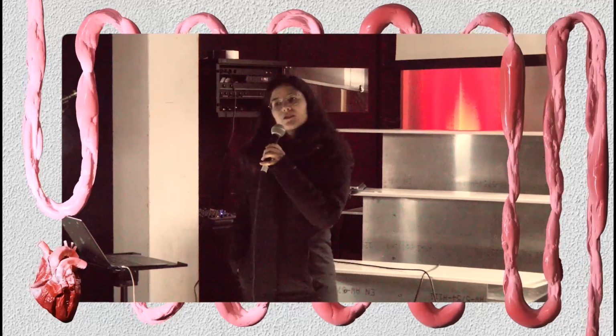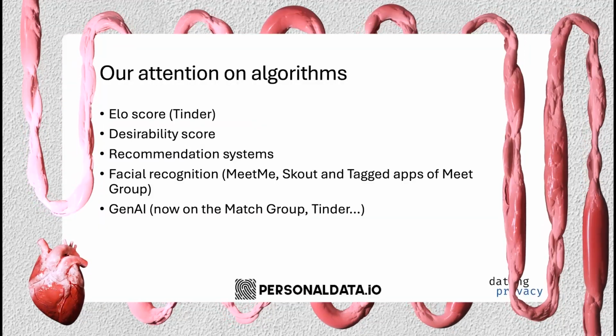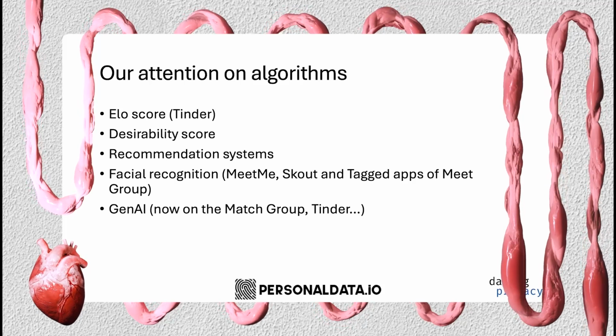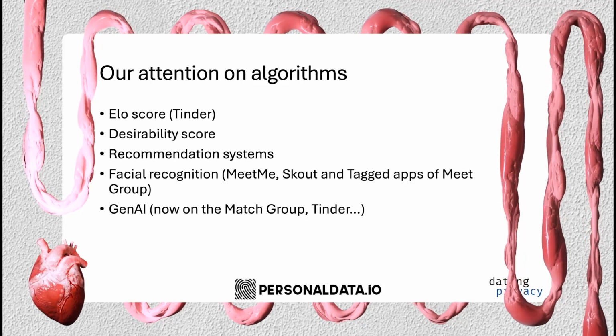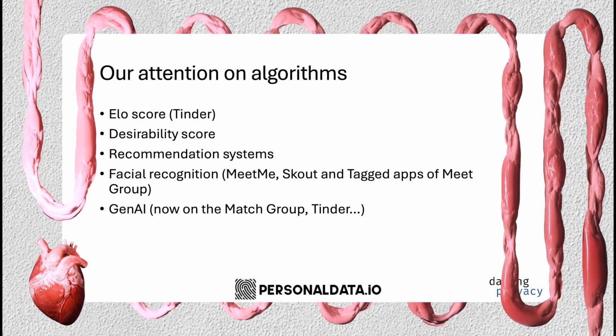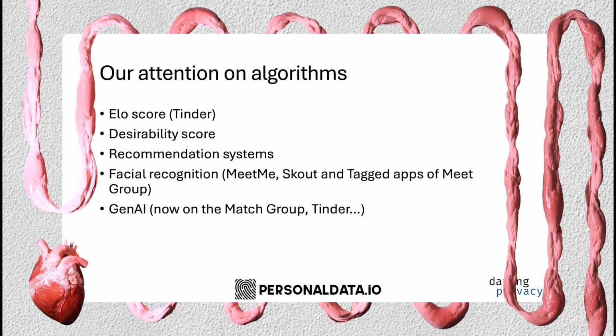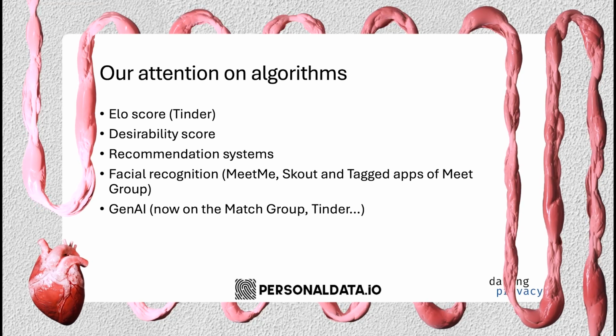I wanted also to talk about algorithms, because our attention today in media, in research, is a lot on algorithms. And we talk on Tinder specifically about the Elo score. Have you heard about the Elo score? It was said at some time that Tinder was using the Elo score, and this Elo score computes a number of your performance on the dating app.